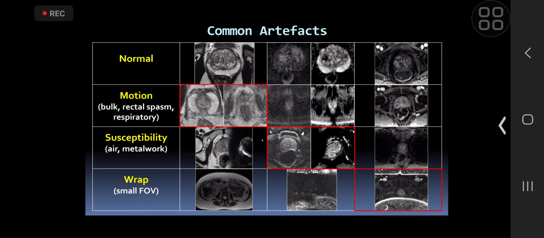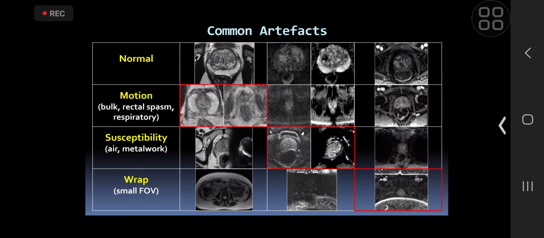Okay. So yeah, the artifacts. So the most common artifact is motion artifact from rectal spasm. With the prostate being low in the pelvis, it's unusual to get respiratory motion artifact unless the patient's claustrophobic and particularly hyperventilating, and then you tend to get abdominal breathing as well.